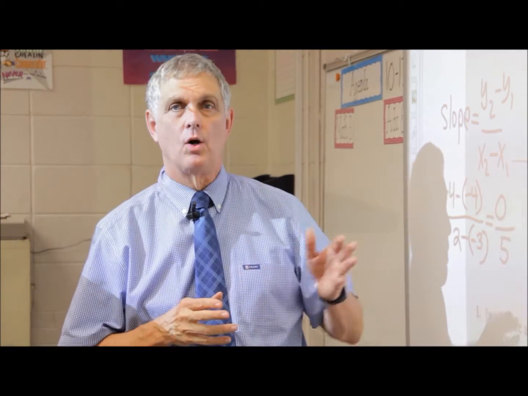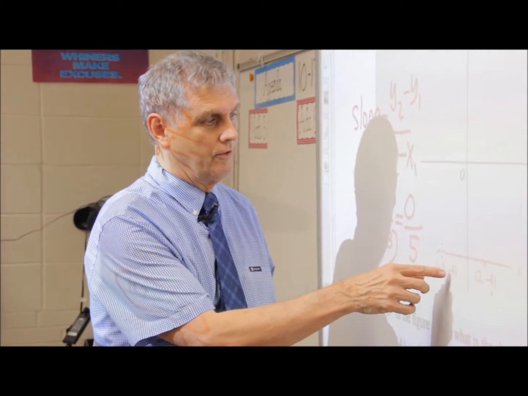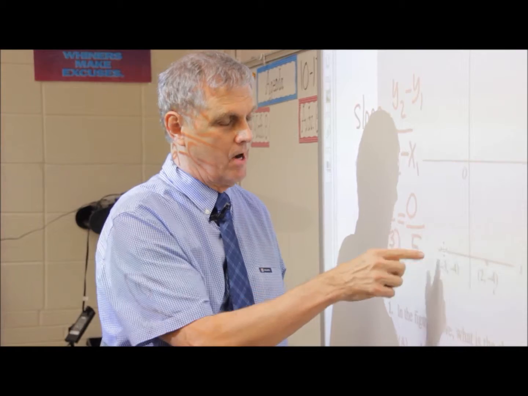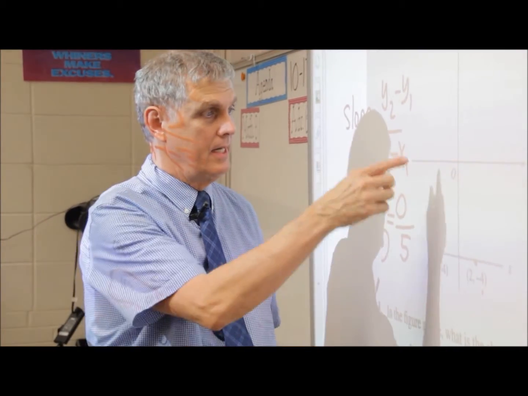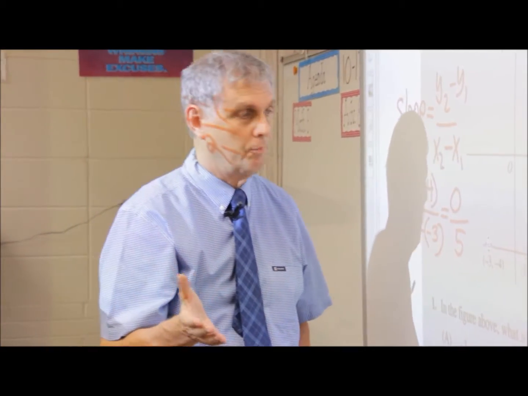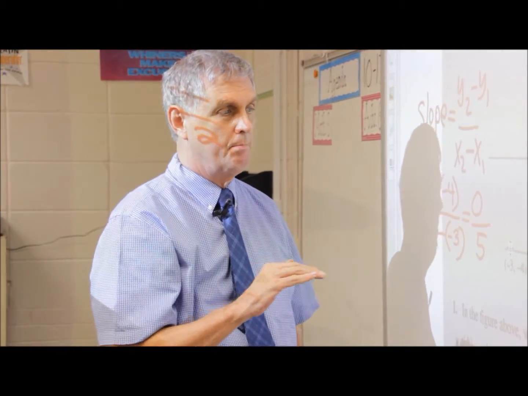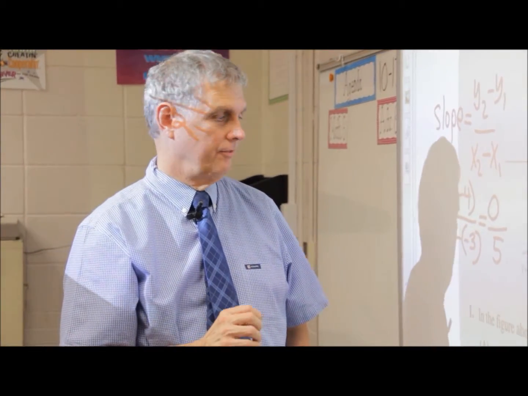And so how do I know that this is parallel? The reason I know it's parallel is because we got 2 points on this line, and each point is 4 units away from the x-axis. So by definition, it's parallel. And the parallel line has to have a slope of 0.